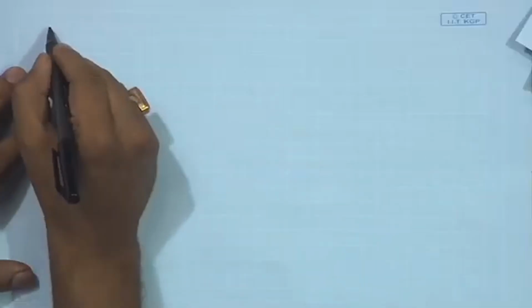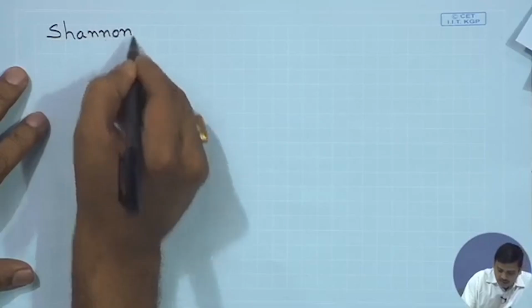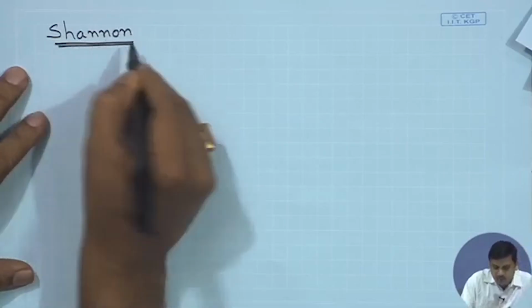Now once we are assured that we are talking about a choice, then things become a bit different. So we can summarize what we said, and this is primarily due to Shannon. That is where we are talking about information theory.